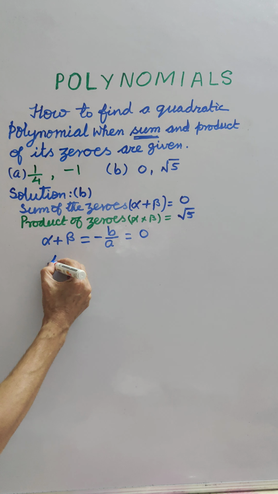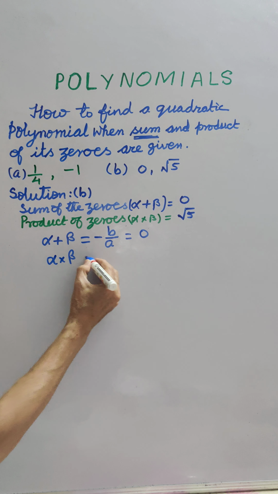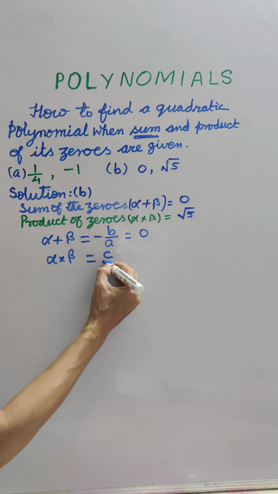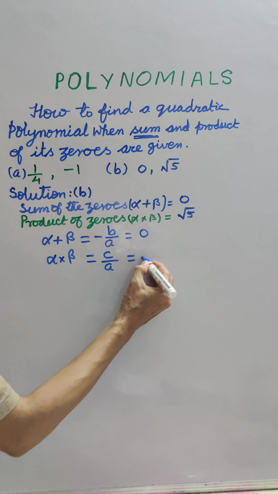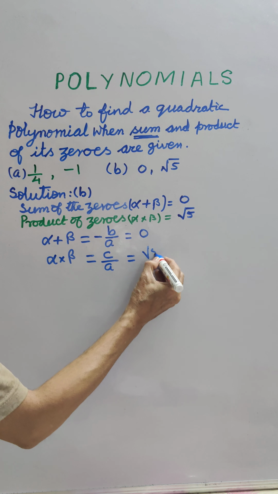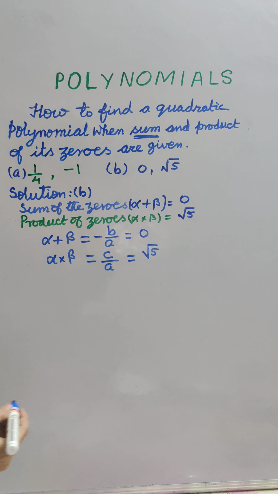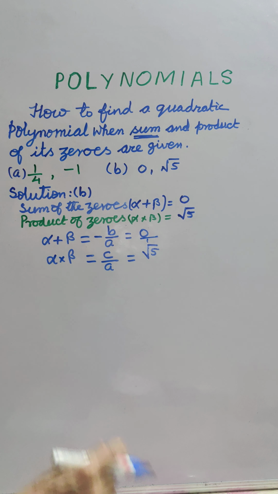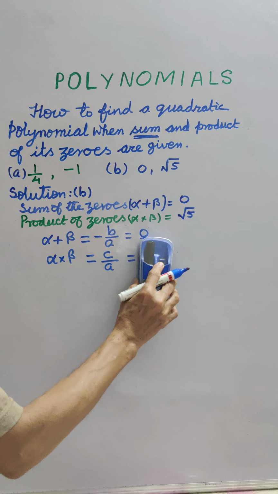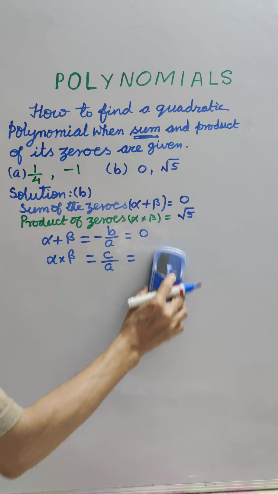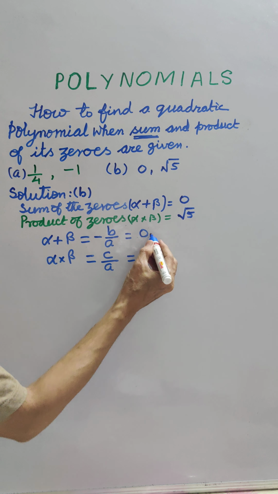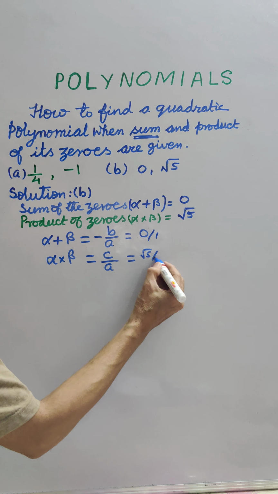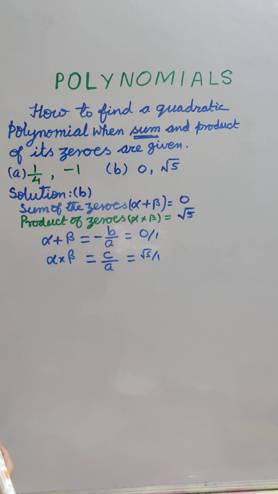Now product of the roots, alpha into beta is equal to c upon a is equal to root 5. We can take a as 1. So here 1, here also 1. Zero upon 1 is equal to 0. Root 5 upon 1 is equal to root 5.